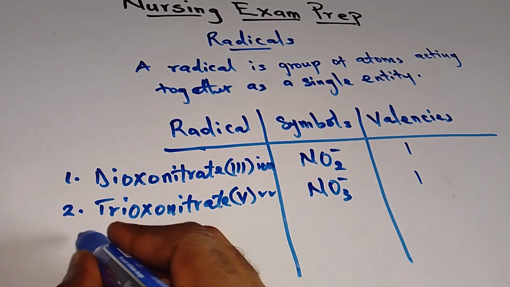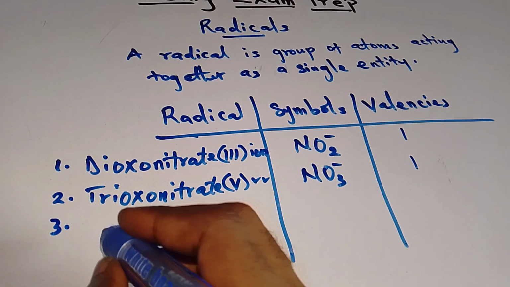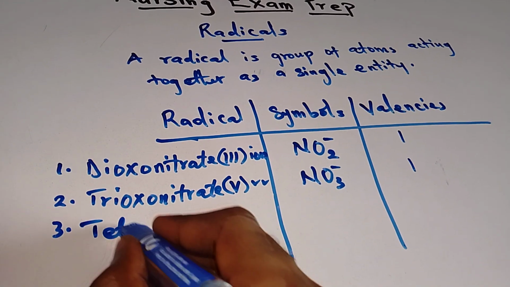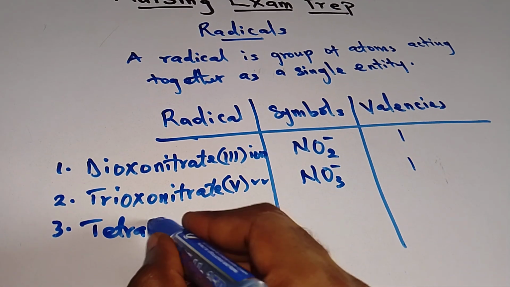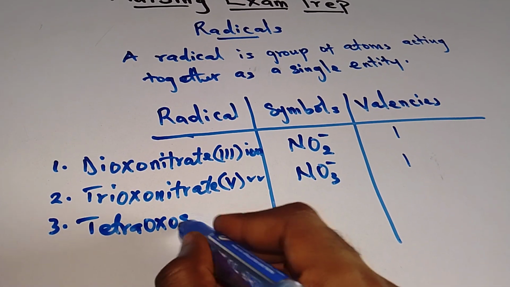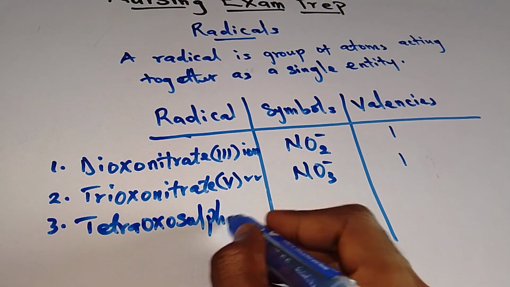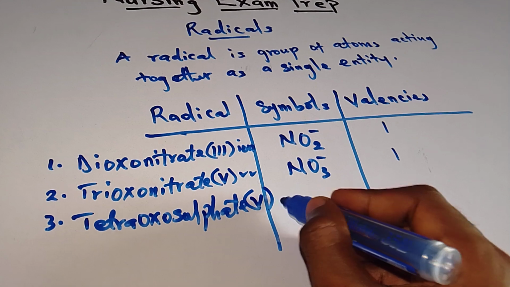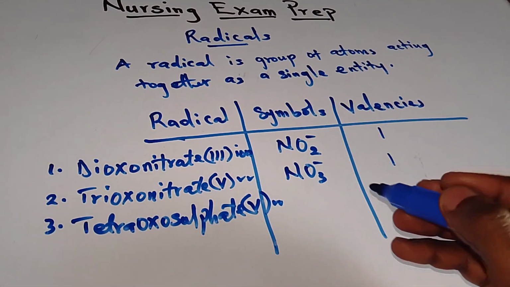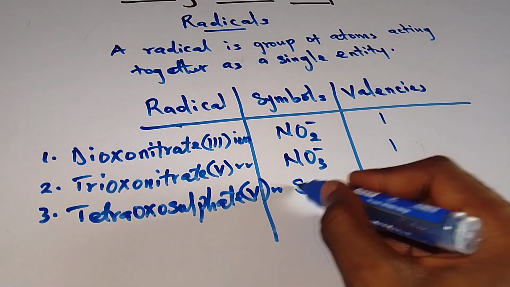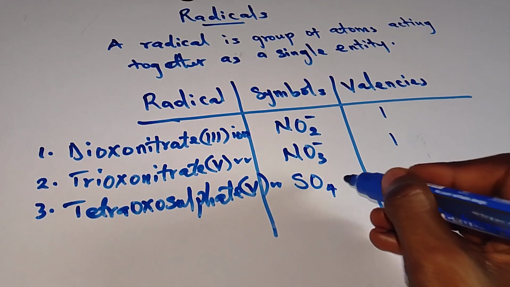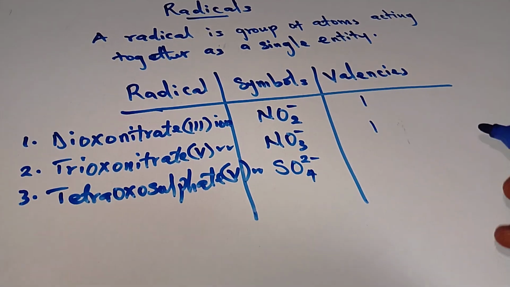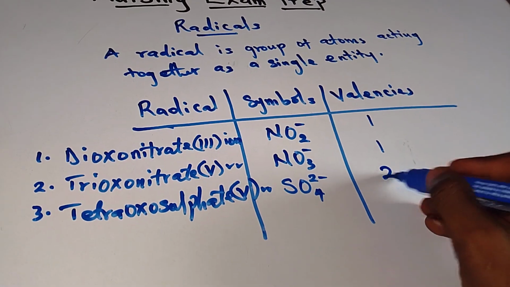We have another radical, which is tetraoxosulfate 6 ion. They are all ions. The symbol for this is SO4 2-, so the valency is 2.